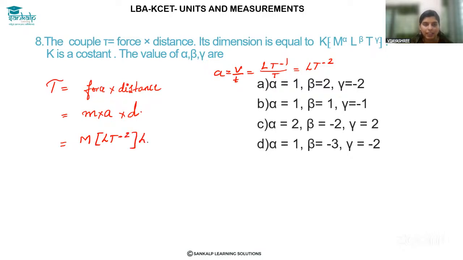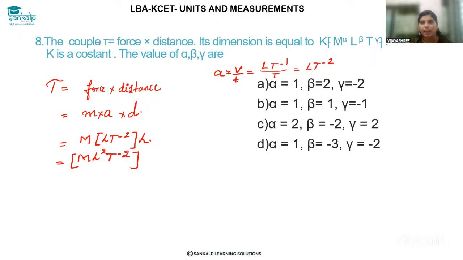D means L, again distance. It is equal to M into L square, T raised to minus 2. So torque or couple has the dimensional formula M L square T raised to minus 2.